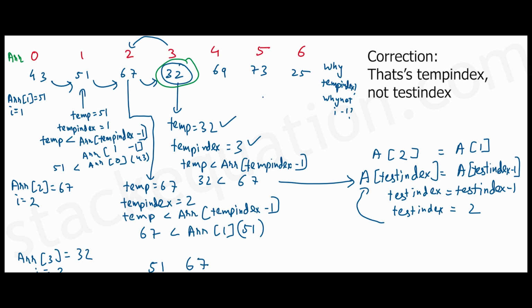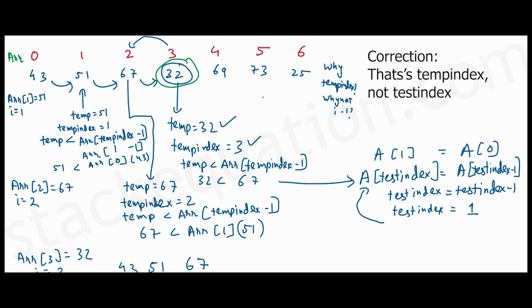Then test index will be decremented again, 2 minus 1, and the new value of test index will be 1. So A of 1 is equal to A of 0, which means 51 will be replaced by 43.